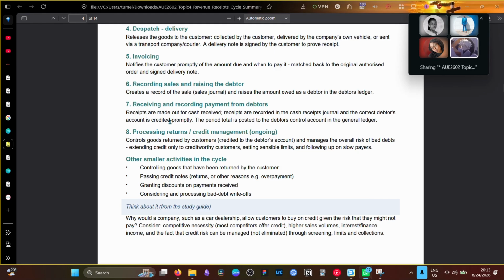That's why it's credited. What was it before? It was debited. But because they have paid, we cancel that debit. So now it's credited. And then the period total is posted to the debtors control account in the general ledger.